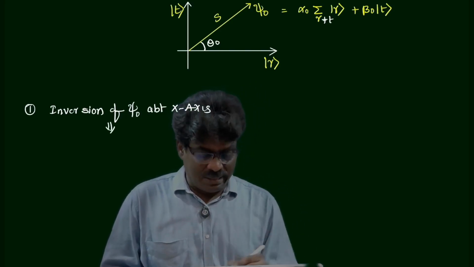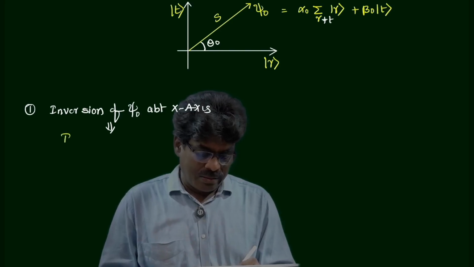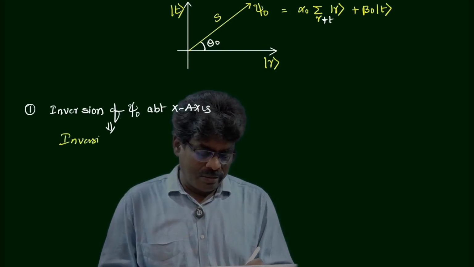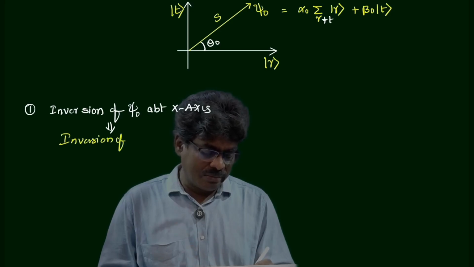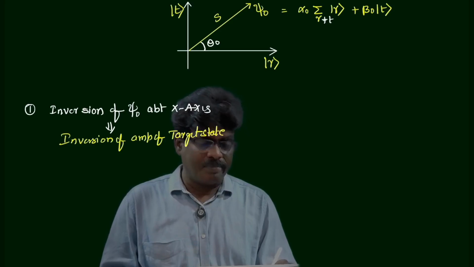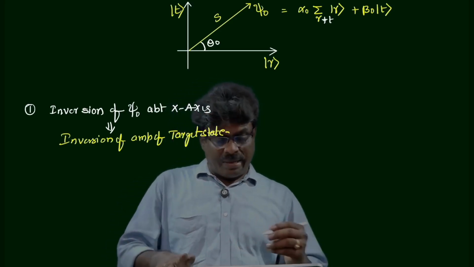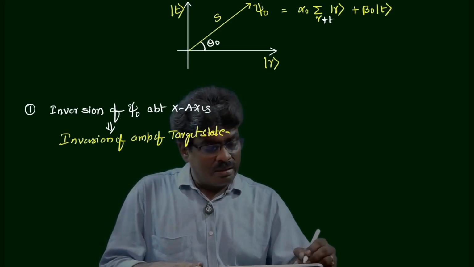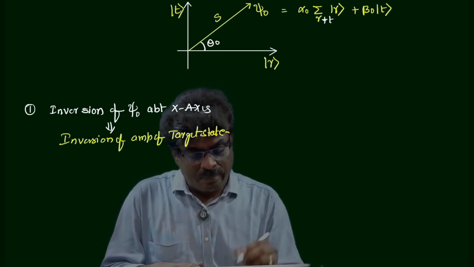So with the help of this inversion about the x-axis, we invert the amplitude of the target state. Let me explain this graphically.